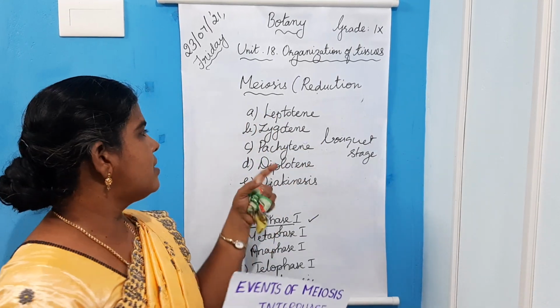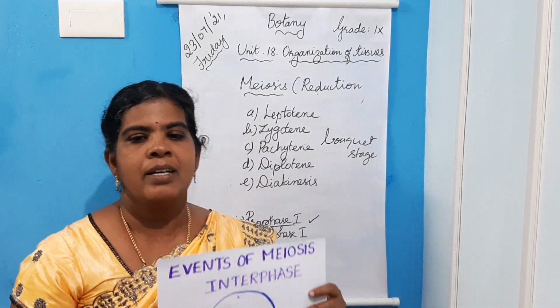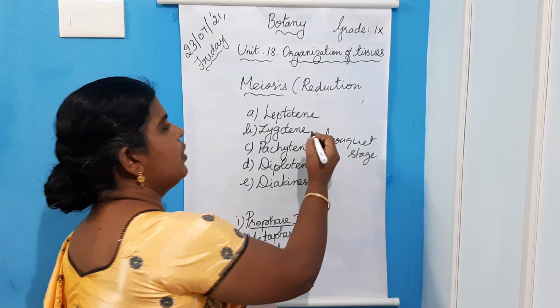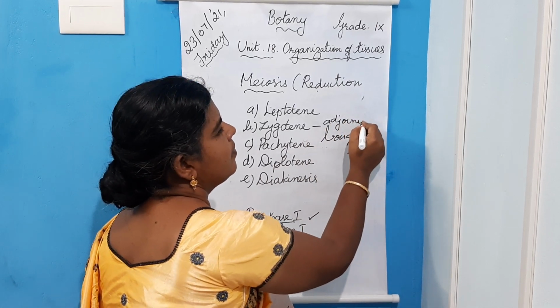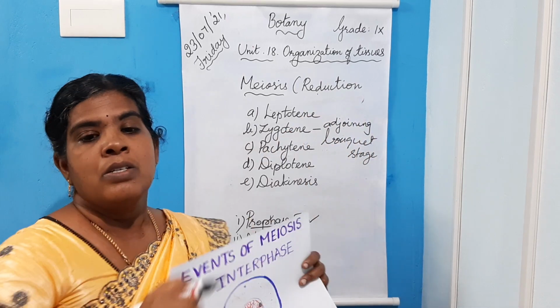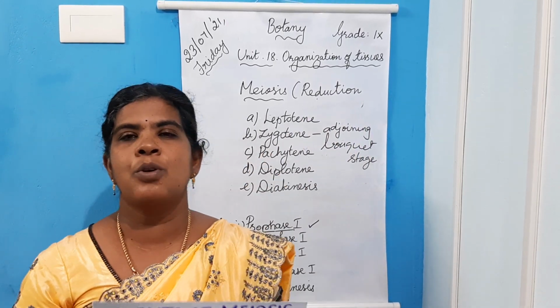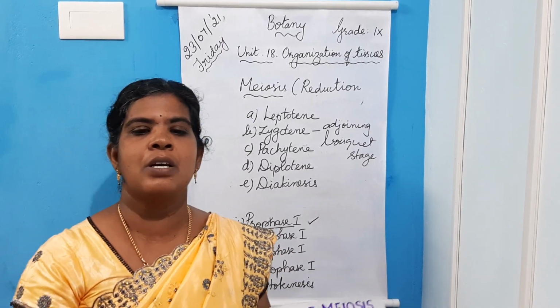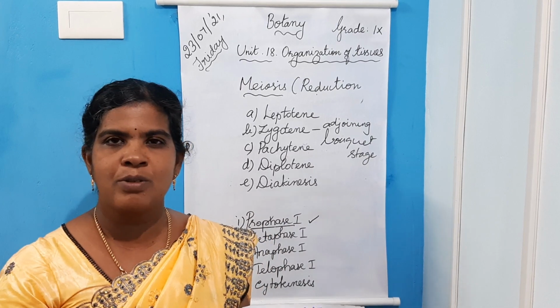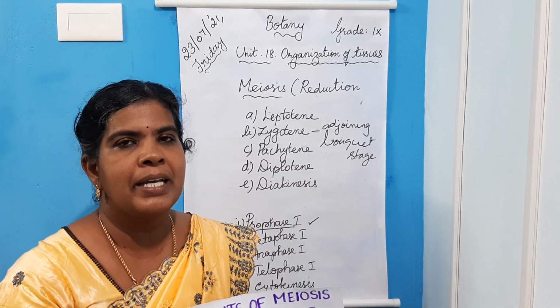Now, second stage. What is the second stage? Zygotene. Zygon means adjoining. So, in this phase, 2 homologous chromosomes approach each other and begin to pair.